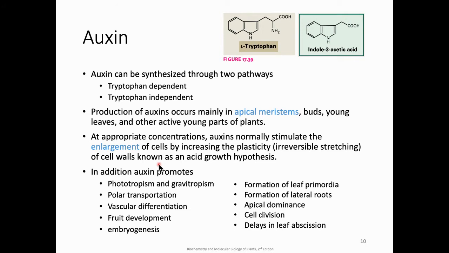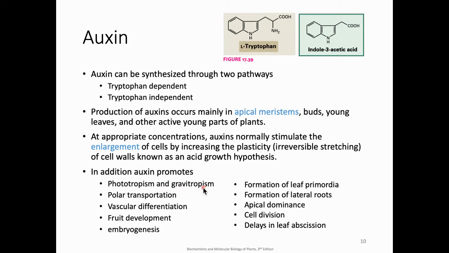Auxin can promote an increase in the plasticity, which means flexibility, of the plant by using the acid growth hypothesis, which I will talk about in two slides from now.